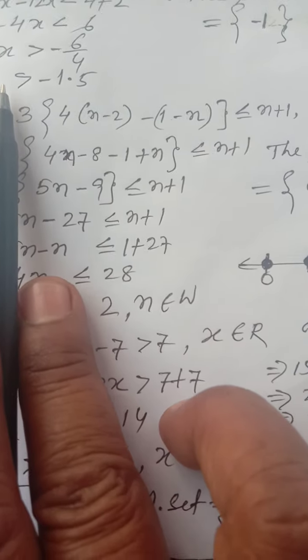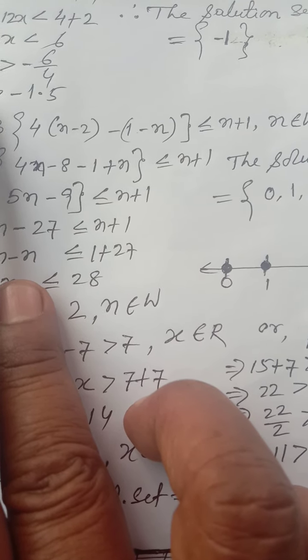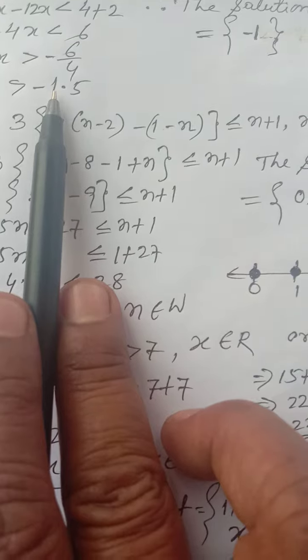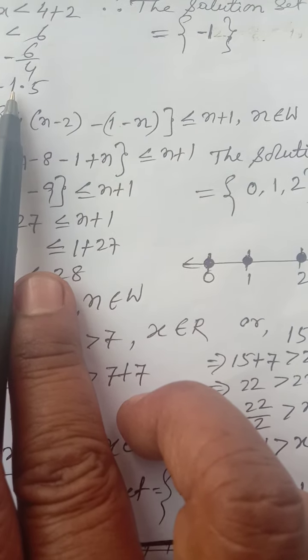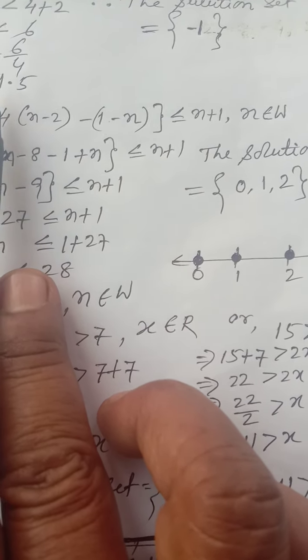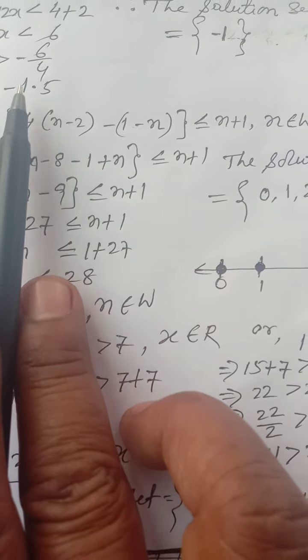See, the variable x is greater than minus 1.5 and is a negative integer. That means what will be the greater integer of minus 1.5?